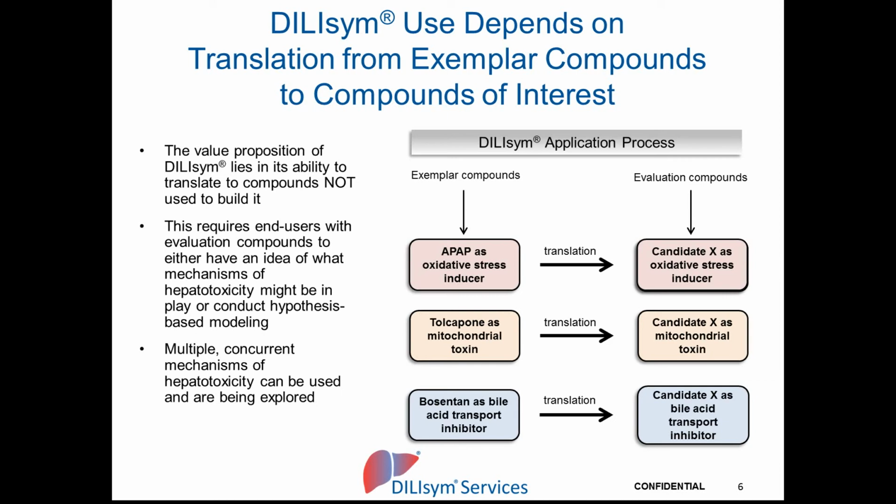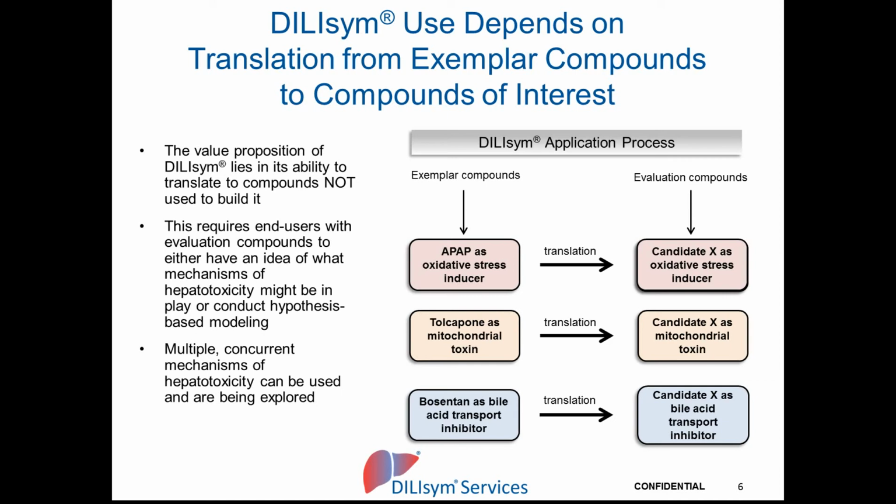And inasmuch as candidate X has qualities that are comparable in oxidative stress, in mitochondrial toxicity, and in bile acid transporter inhibition, as these exemplar compounds, we can then predict injury based on the measurement of the features of that compound, the characteristics of that compound, and how it disturbs these processes.